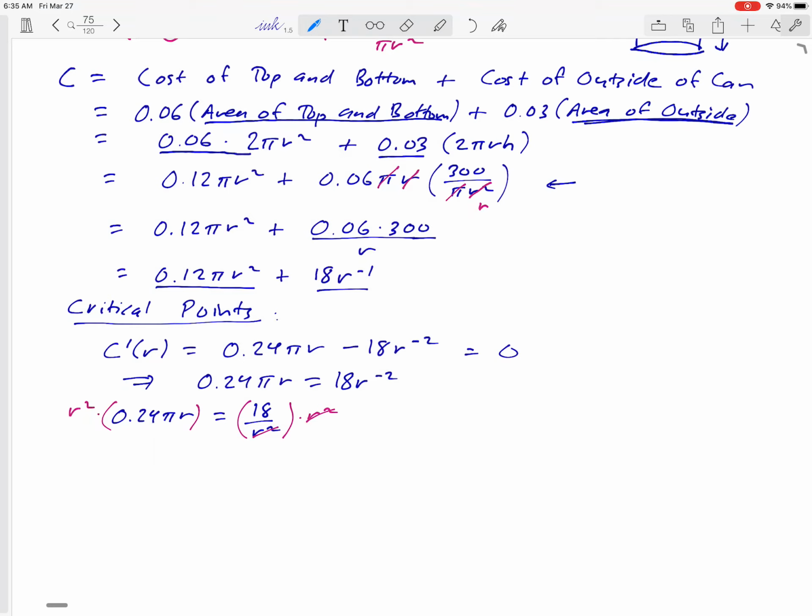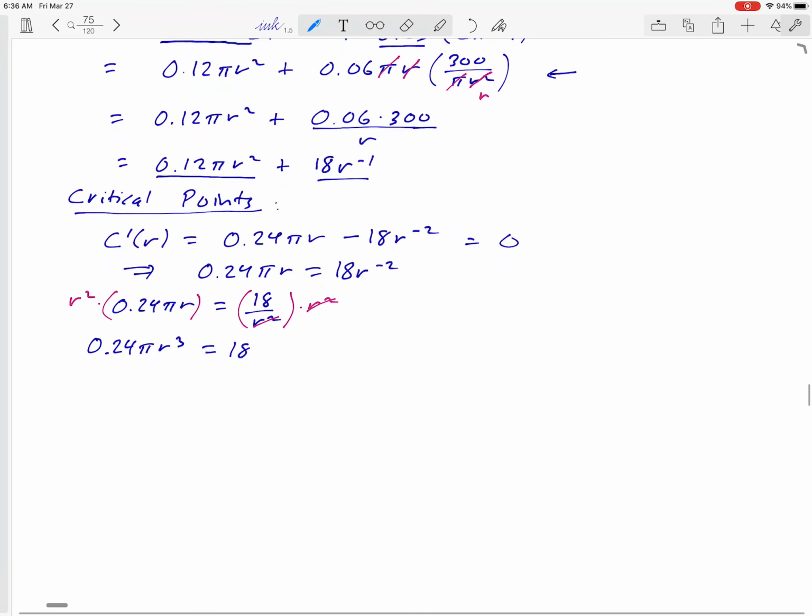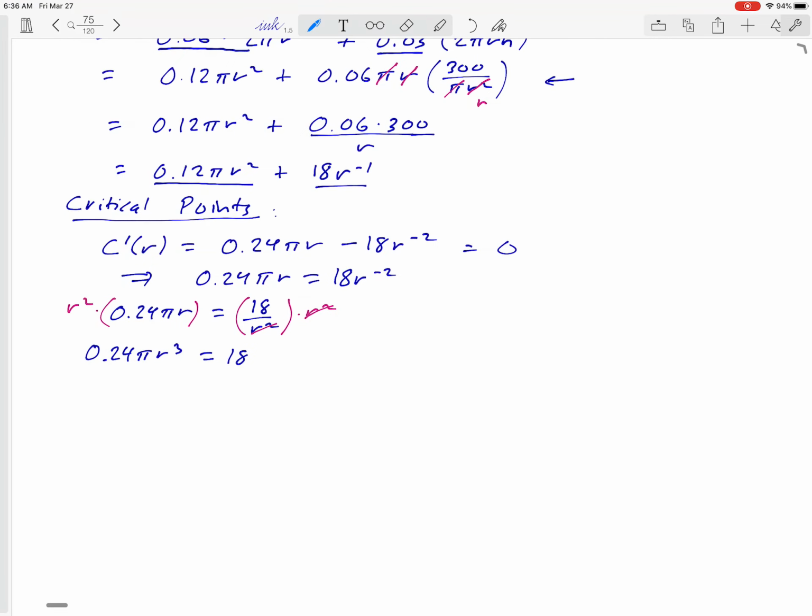Notice that if we do that, the r squareds cancel on the right-hand side. And on the left, r squared times r is going to give us r cubed, so we'll get 0.24 pi r cubed. And over on the right, we've just got 18.